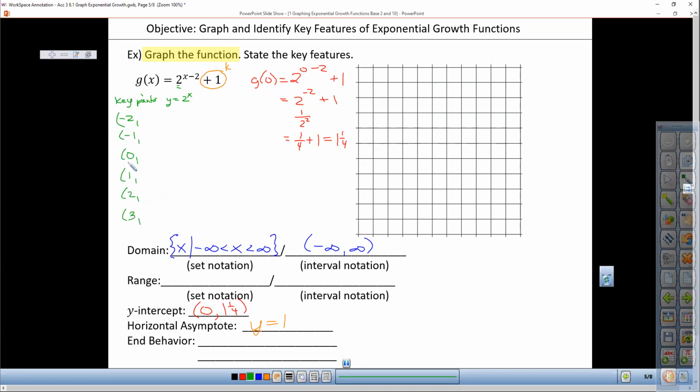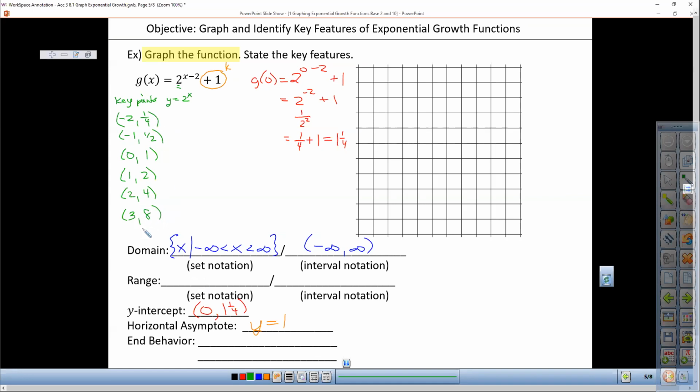The y's then are taking those x's and plugging them into 2 to the x power. So 2 to the -2nd is 1/4. 2 to the -1st is 1/2. 2 to the 0 power is 1. 2 to the 1st power is 2. 2 squared is 4. And 2 to the 3rd power is 8.